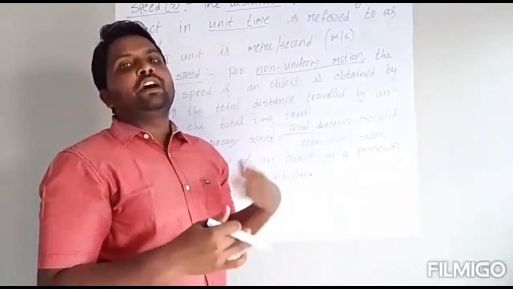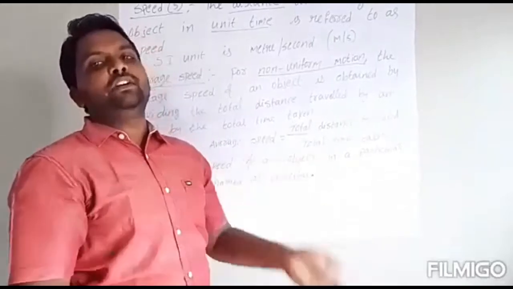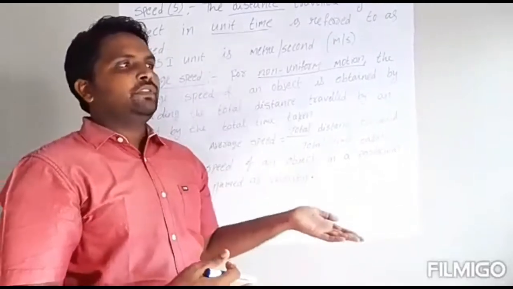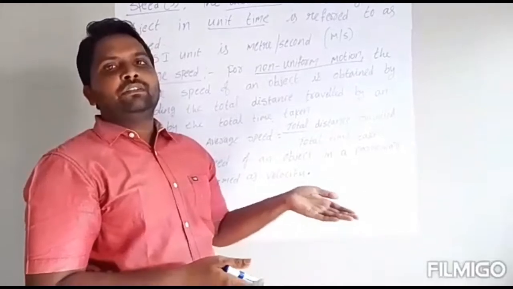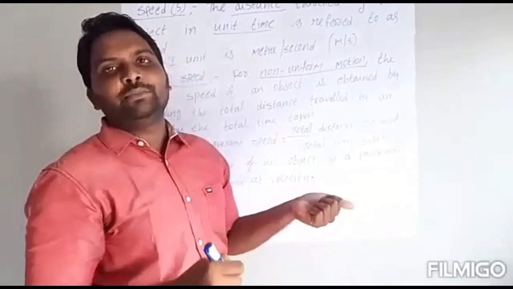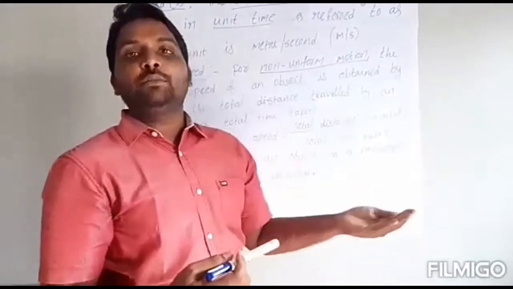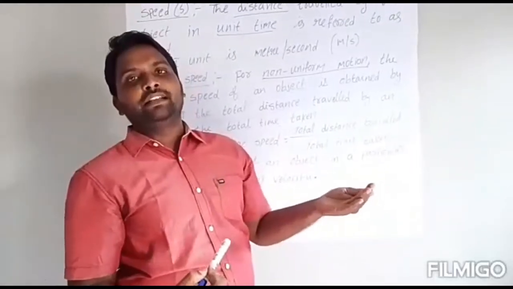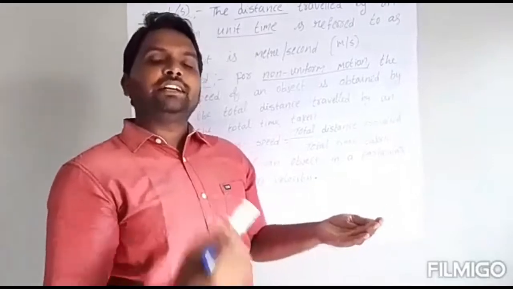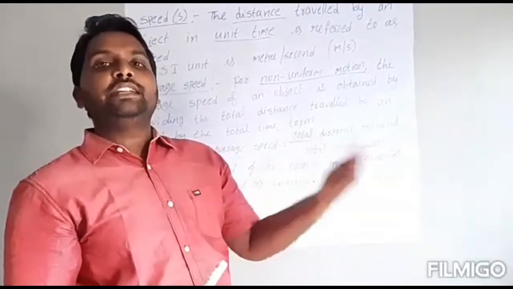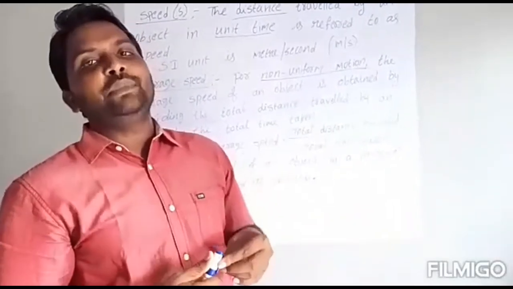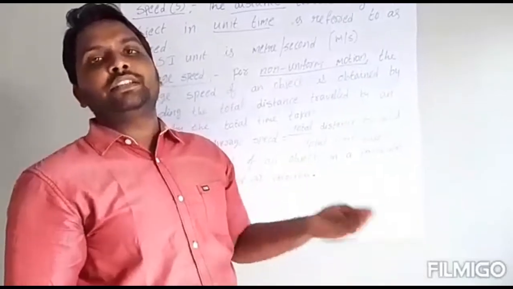In that case, you can't say particularly what the speed of the car is. Because first, the car went 5 kilometers within 5 minutes. After that, the same car went 10 kilometers in the same time, 5 minutes. After that, the same car reached 20 kilometers within 5 minutes. So that car was in non-uniform motion.